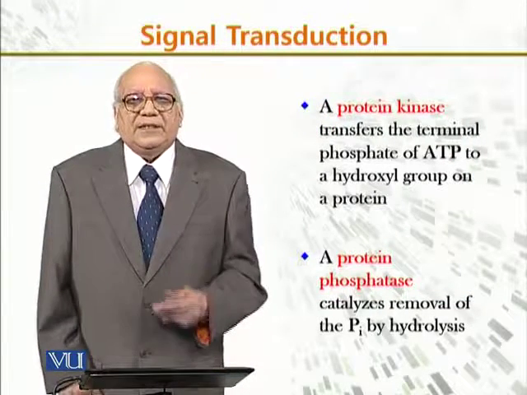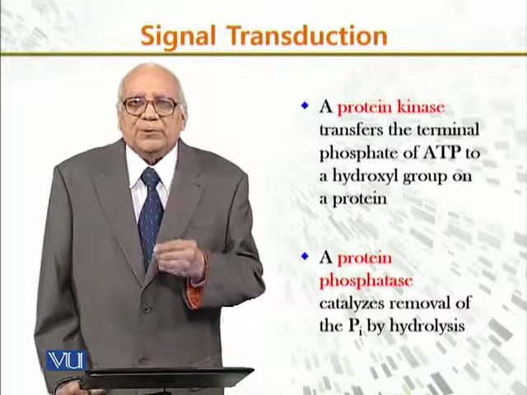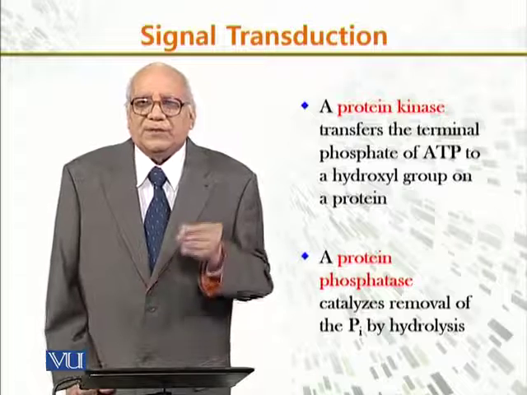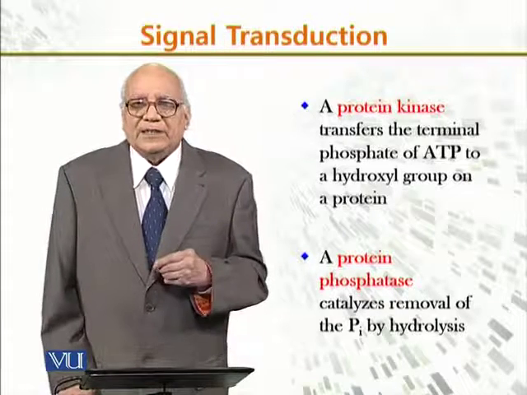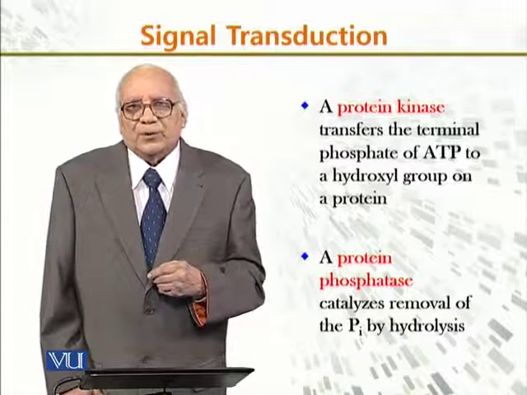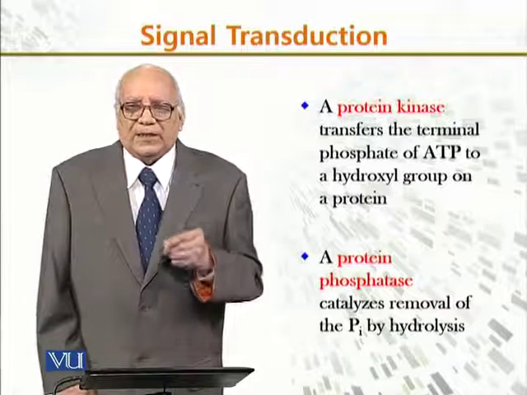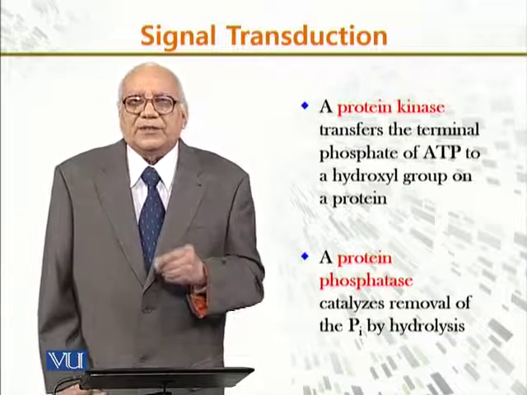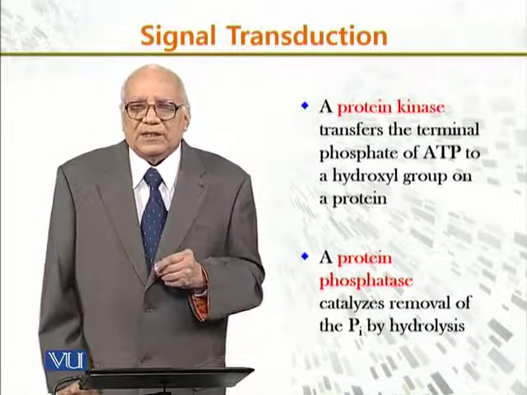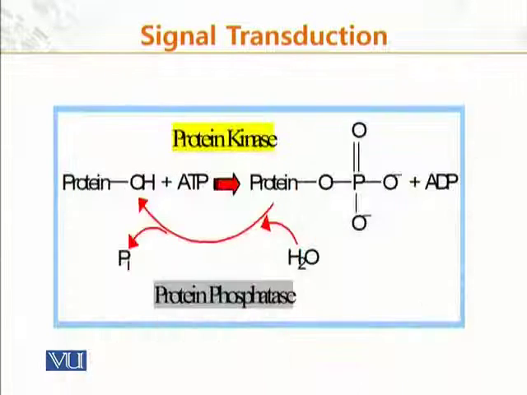Now, there are two types of proteins used there. One is protein kinase, which transfers the terminal phosphate of ATP to a hydroxyl group of a protein. Another one is protein phosphatase, which catalyzes the removal of the phosphate as inorganic phosphate by hydrolysis, which is shown in this cartoon.